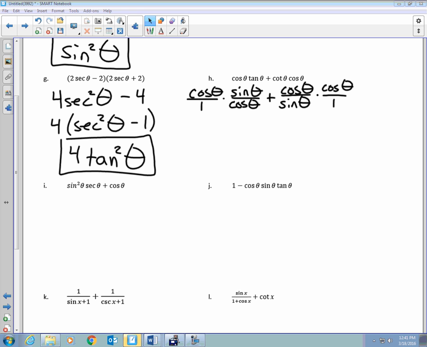What do you notice? Well, that's kind of nice. I got a cosine squared out of it. Can't really do anything with it. Thoughts? It's where the aha moment has to happen.